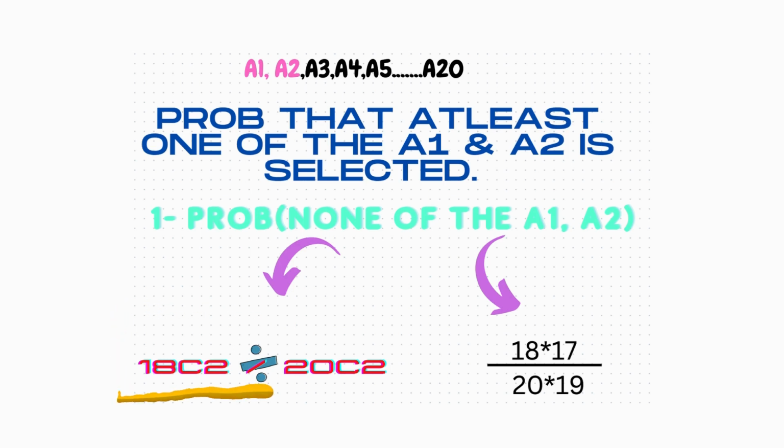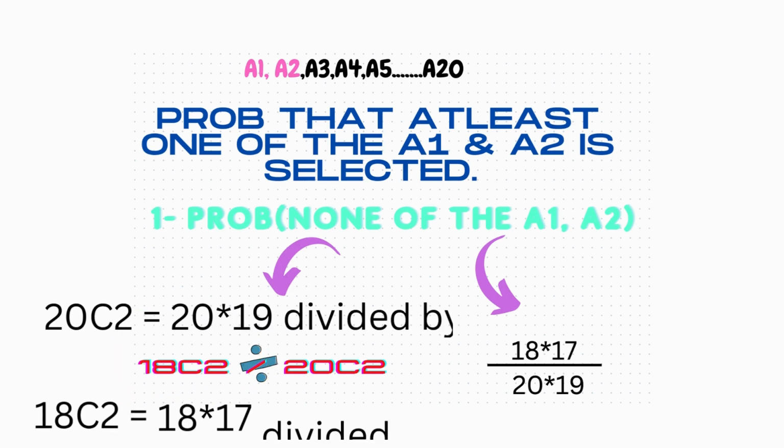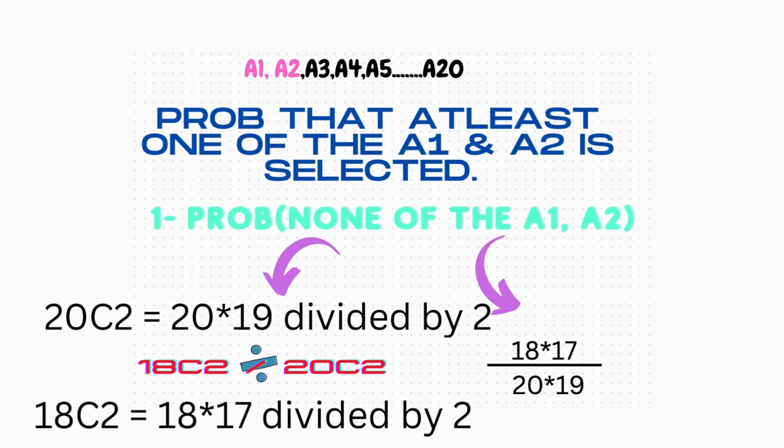The other way of thinking is that you have in total 20 objects. First, you have the option of choosing from 18. So 18 by 20 is the probability that you will choose something from A3 to A20, right? And the second object comes from the remaining.